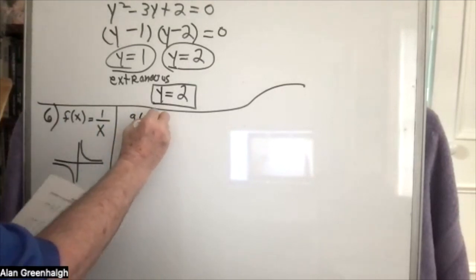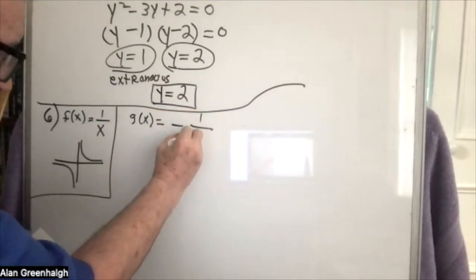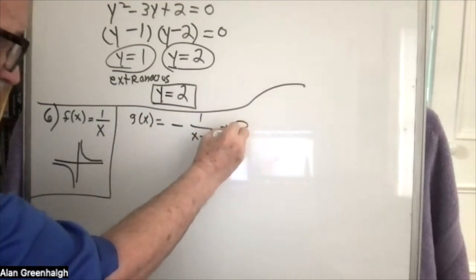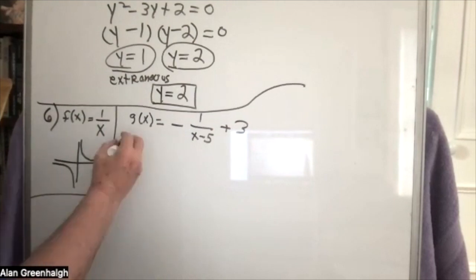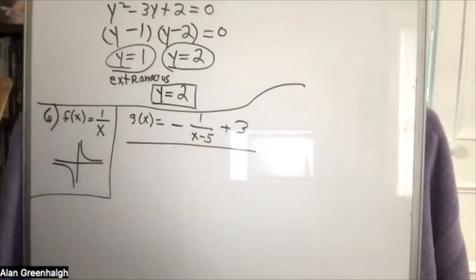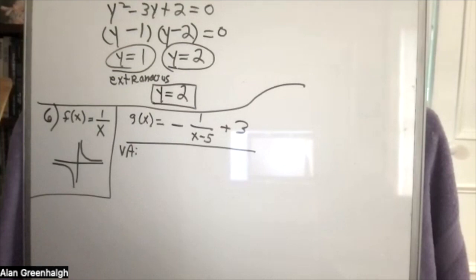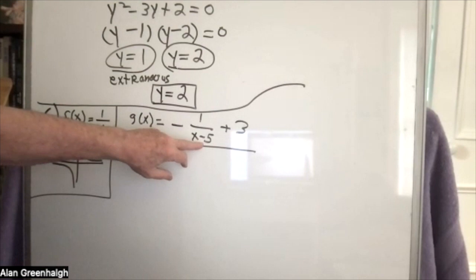We have g of x equals negative 1 over x minus 5 plus 3. And there's several things we need to know. First of all, we need to know the vertical asymptote. The vertical asymptote will always be x equals the opposite of whatever we have there.